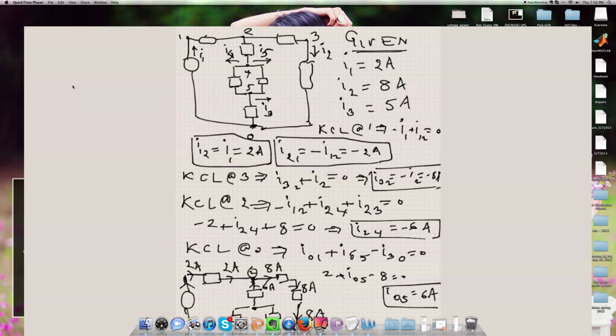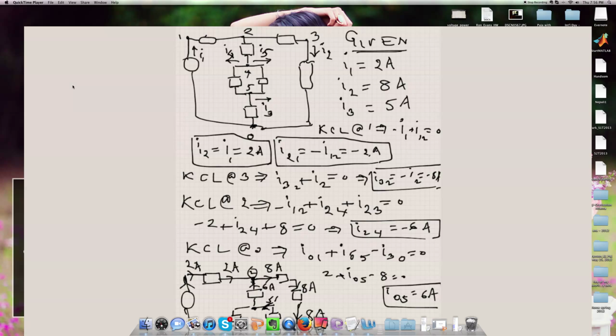Now this 6 amp here is being made of 2 currents. One is coming this way, so how much is that? That's a negative of I5, which is the same as I sub 3. I sub 3 is going there and then coming up. So I sub 3 happens to be 5. So 5 amp is coming here.